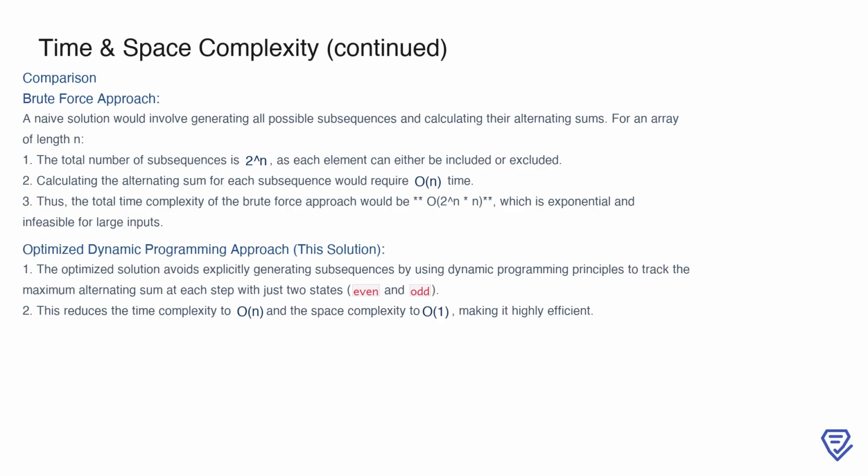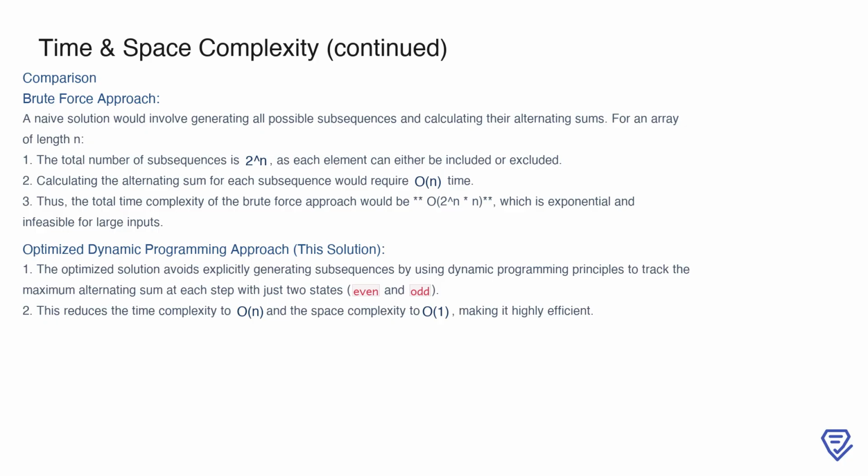This exponential growth makes the brute force method infeasible for larger inputs. In contrast, the optimized approach leverages dynamic programming principles to track the maximum alternating sums at each step using only two states, even and odd, without explicitly generating subsequences. This drastically reduces the time complexity to O(n), and the space complexity to O(1), making the solution both time efficient and memory efficient.